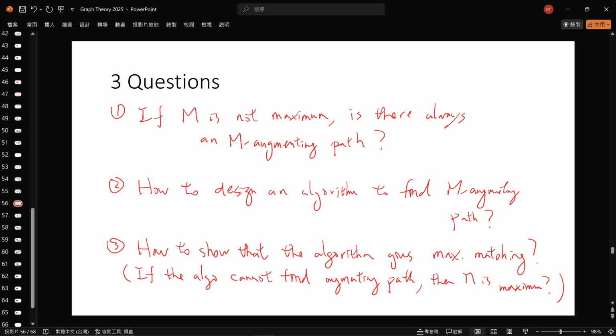So the final question is, so what happens if the algorithm cannot output any augmenting path? 对，如果这演算法它没有办法告诉你任何一个 augmenting path， 那你要怎么说明说，真的找不到，或这个你手上的 matching 就是最大的？搞不好是你的演算法不好。搞不好事实上是找得到了，只是你的演算法太烂了，找不到。OK， 所以我们要避免这种状况发生。So I think this is the third question is the most important one.